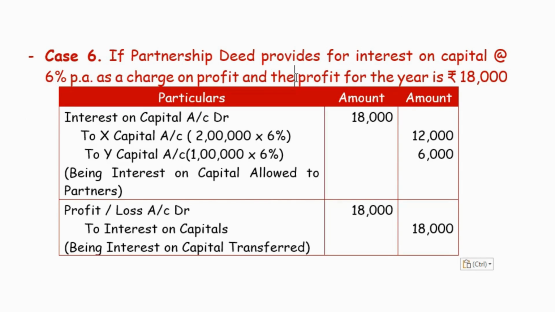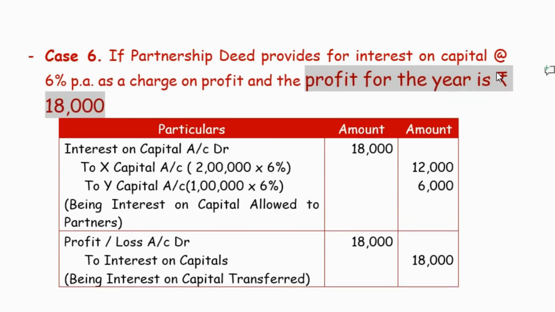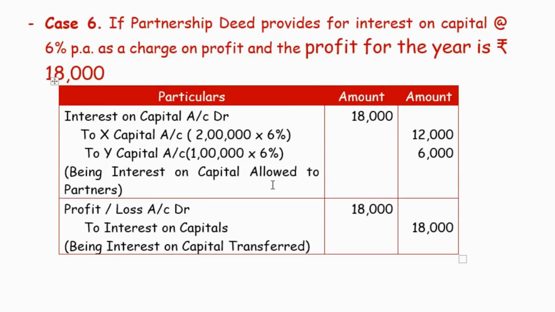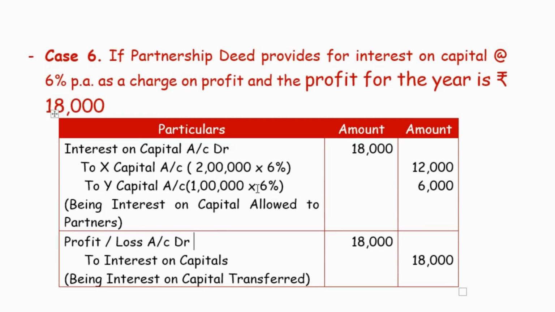The notable situation is that the profit available is only 18,000 and the interest on capital commitment for the firm is also 18,000. So there is nothing to share. The partners have neither a loss nor a profit to get as a share. So we don't have any further journal entries for case 6.